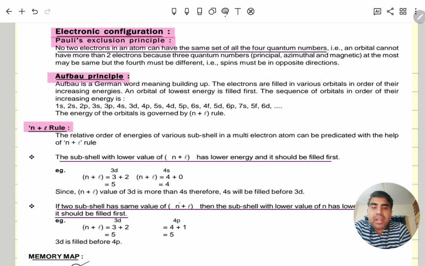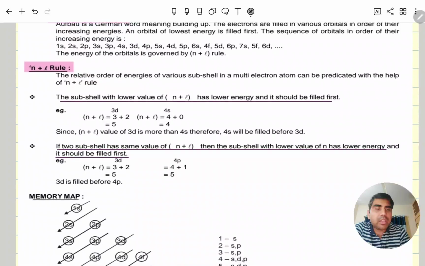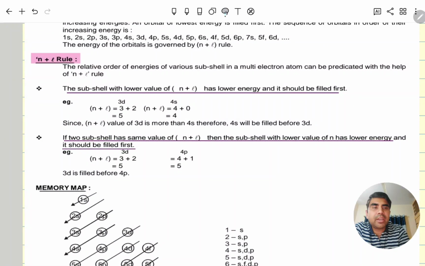If n plus L value is the same, then what will we do? Then we will go for the subshell having the lower value of n. Like here you can see 3D and 4p. 3D has 3 plus 2, 5, and 4p has 4 plus L value 1, 5. So both have the same, but which one has the lower principal quantum number? 3.